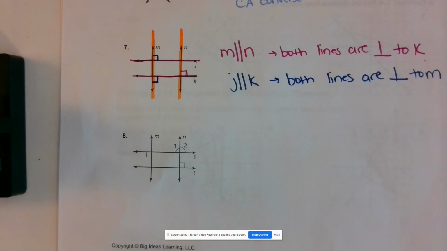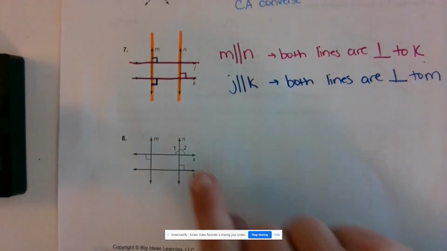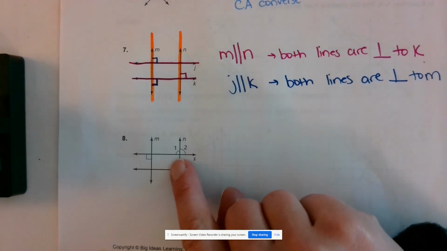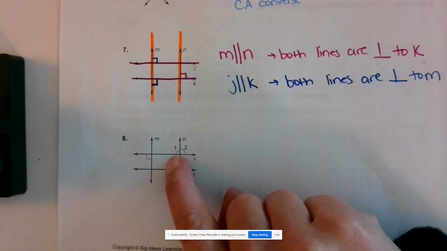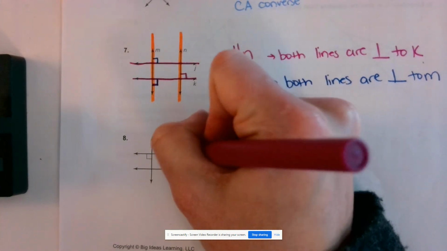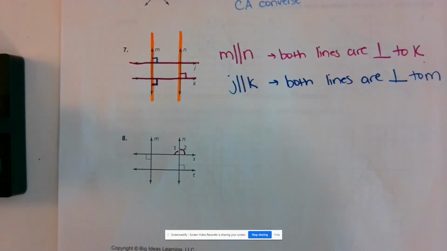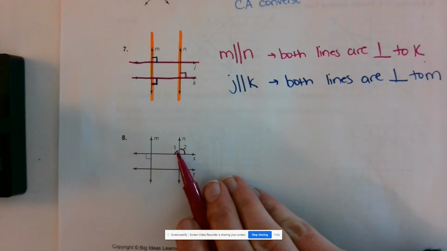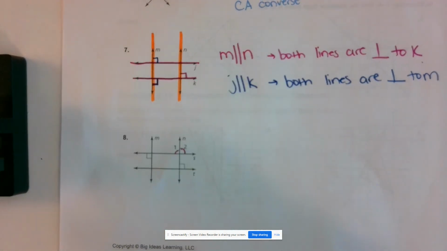Finally, we're moving on to number 8. First thing I notice here is that I've got some extra information. I've got angle 1 and angle 2 here, and they're telling me they are a linear pair, right? They make a straight line. And I also know that they're congruent.